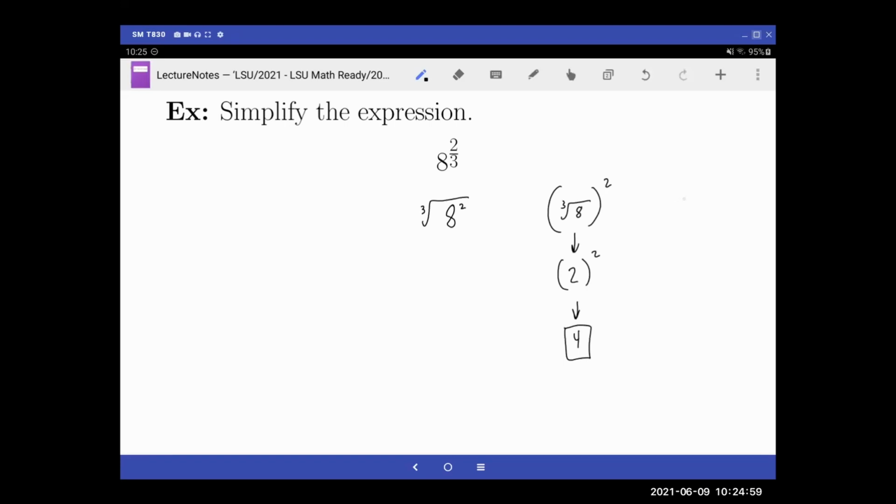Another way to look at it, let me just rewrite it here. Well, 8 is 2 to the third power.